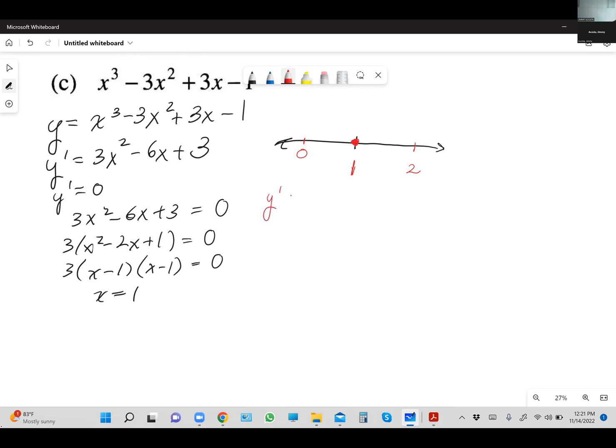So y prime equals 3 times 0 squared minus 6 times 0 plus 3. So y prime equals 0 minus 0 plus 3. You can tell it's going to be positive. So on this side, it's positive. It's increasing.